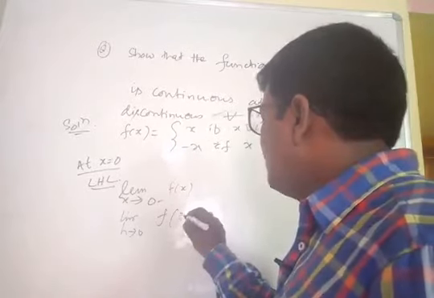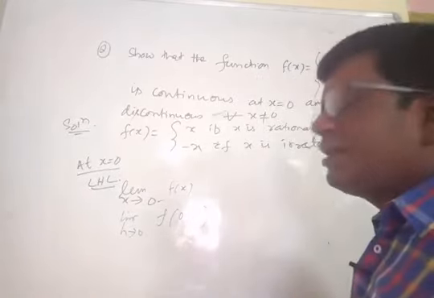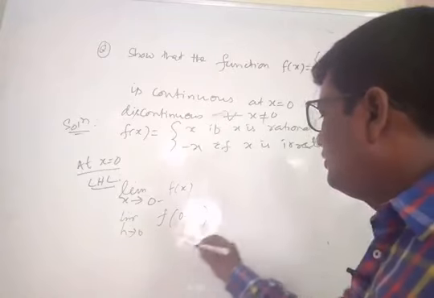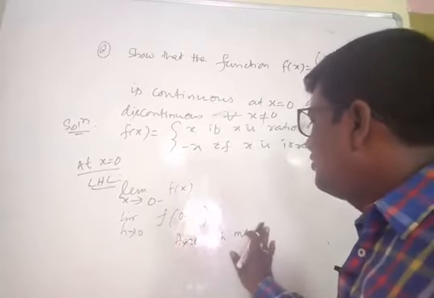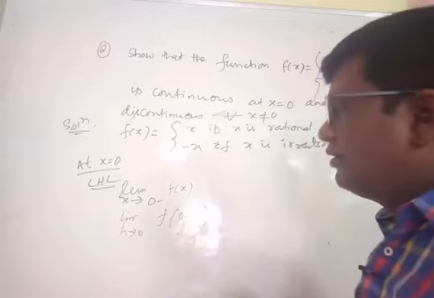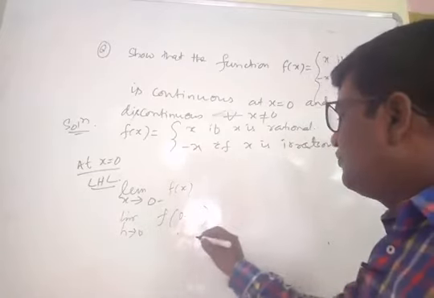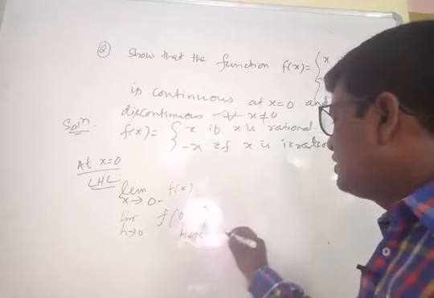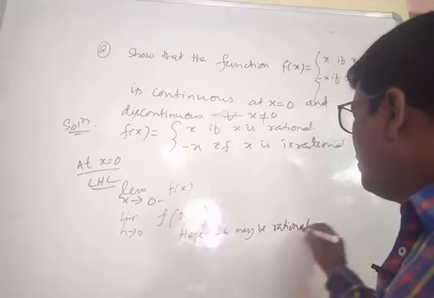So LHL is the limit as x tends to 0 of f of 0 minus h. Here 0 minus h may be rational or irrational.